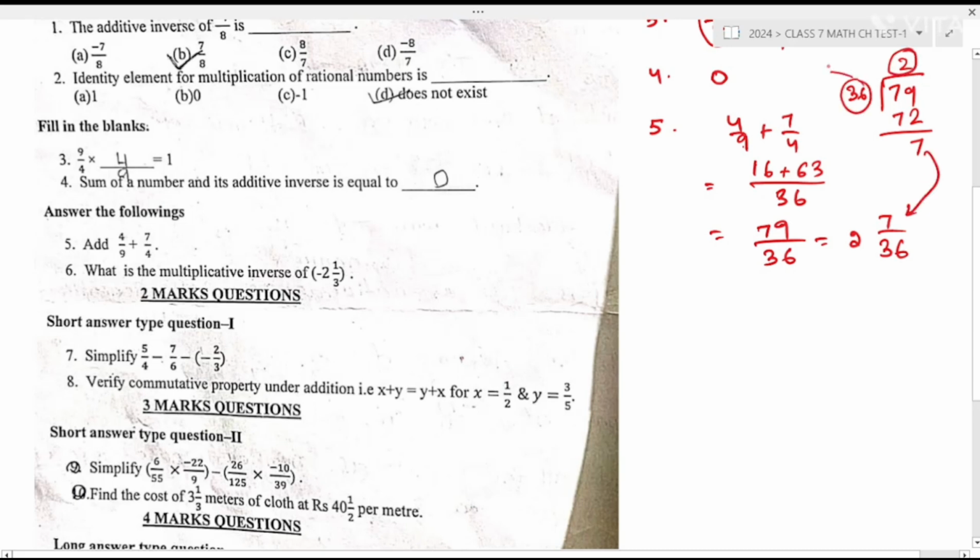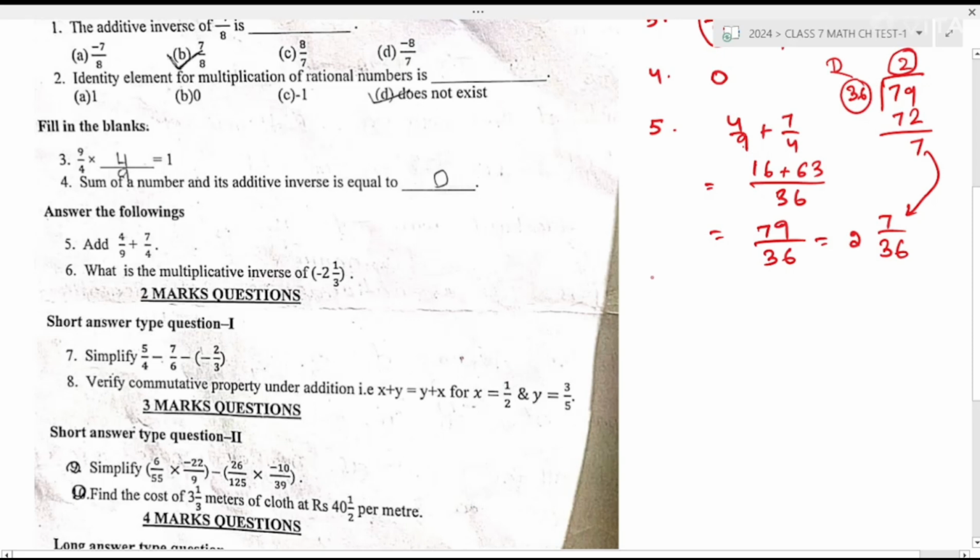Then 4 nines are 36... 4 fours are 16, 9 sevens are 63, and add the sum, that is 79 divided by 36, converted into a mixed number. 36 twos are 72, that is 2 whole 7 by 36. Okay, how to convert? Simply divide 79 by 36. 36 twos are 72, then 7 will be the numerator, 2 is the whole part, and 36 is the denominator.